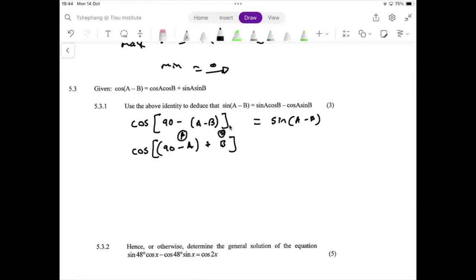We know that we can say cos of 90 minus A multiplied by cos of B.